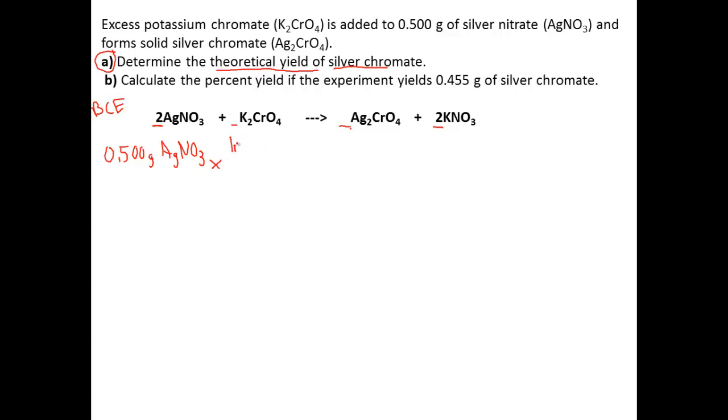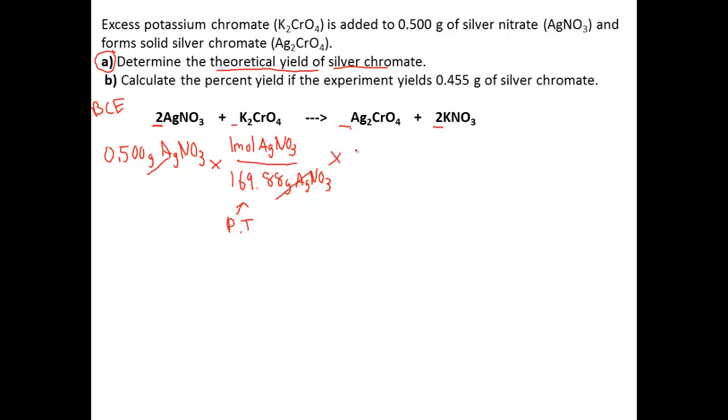So 1 mole of silver nitrate is equal to 169.88 grams of silver nitrate. Now remember, we get that from the periodic table. From here, we're now in moles. Grams cancel grams. We're now in moles of silver nitrate.